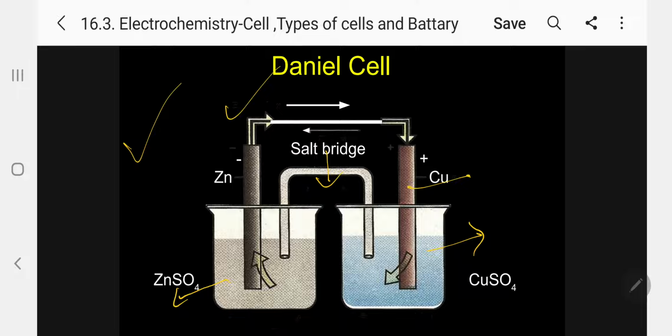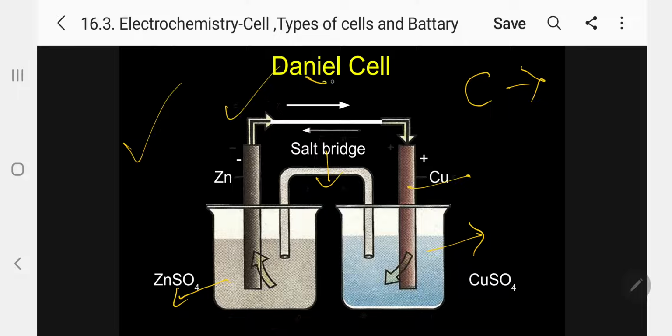Now whenever we say current, there is a difference between physics and chemistry. Please understand this. In chemistry, we will not give importance to the current. We will give importance to the flow of electrons. So, electrons flow from zinc to copper.